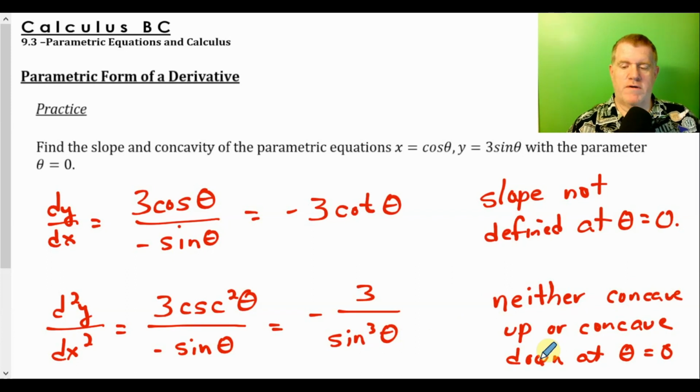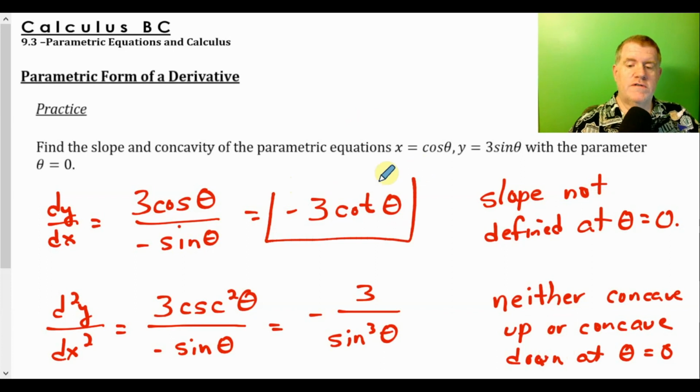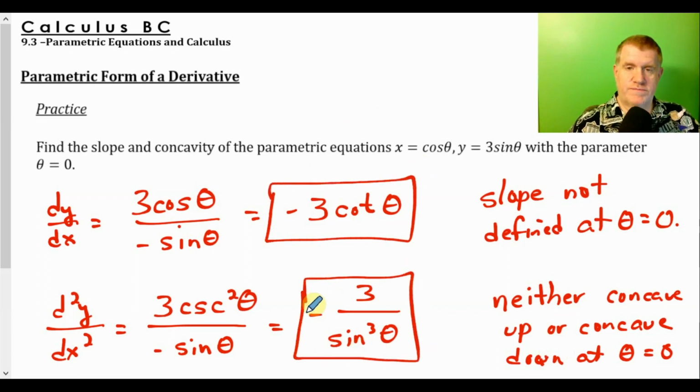That's kind of a bummer of a question. Like, hey, all this work for nothing. Well, that's not nothing. We know that the slope is not defined, and we know it's not concave up or concave down. But we do know our first derivative is this function, and we do know our second derivative is this function. Right, there you go. Derivatives with parametrics.